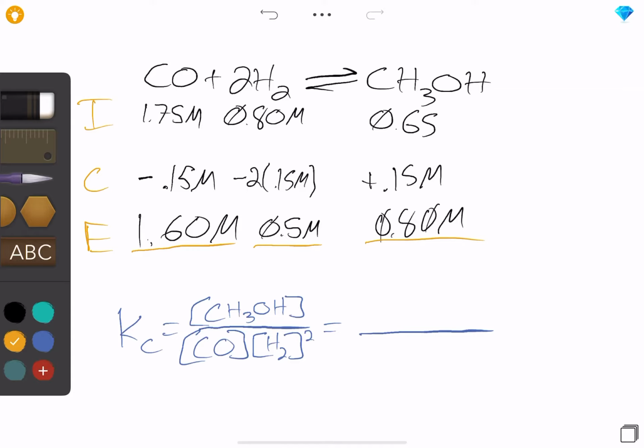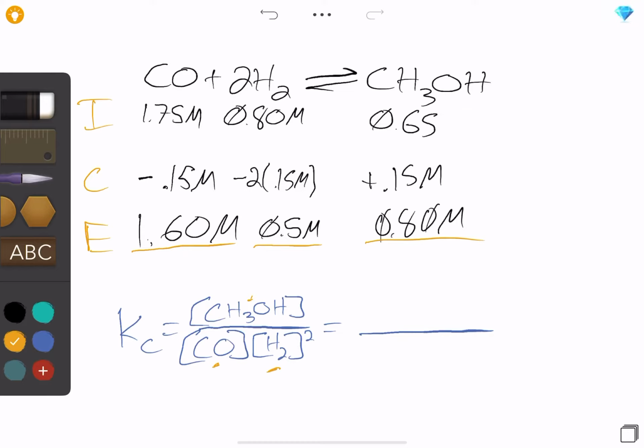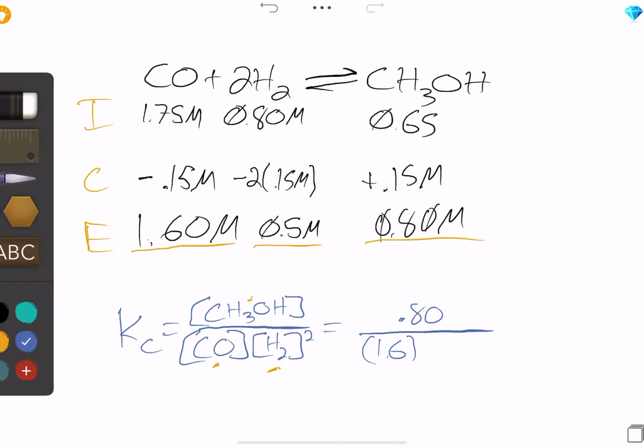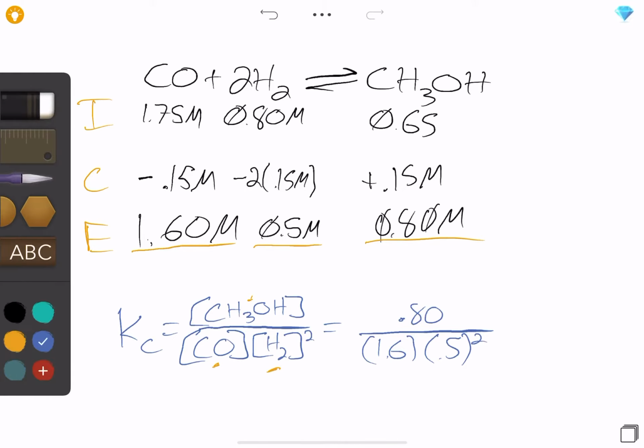So it's products, which is methanol, over reactants. And hydrogen is going to be squared. So let's find out what that is. So it's going to be 0.80 over 1.6 times 0.5 squared.